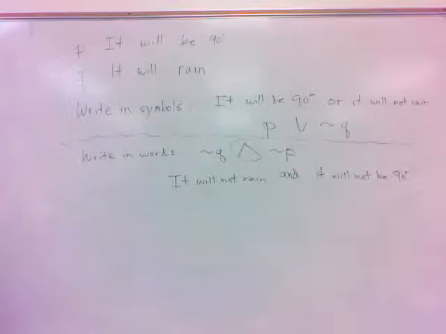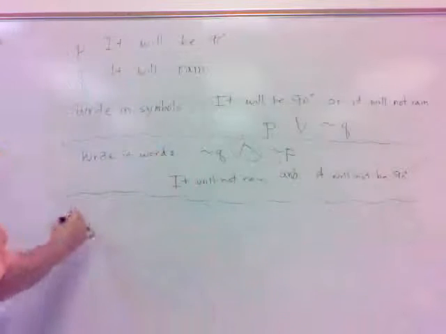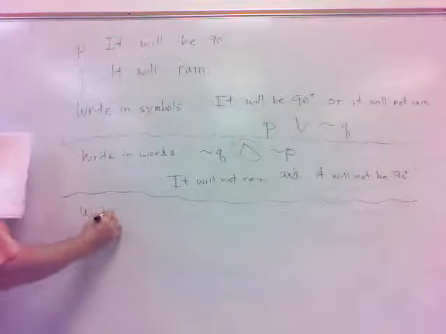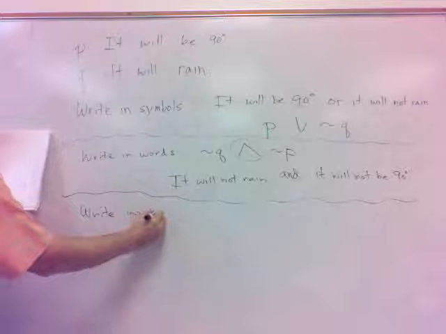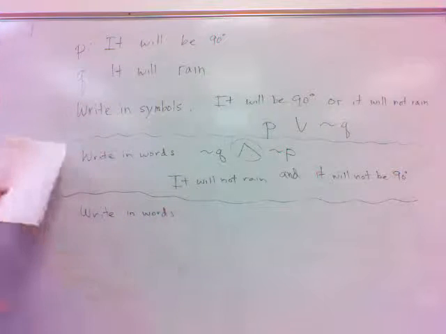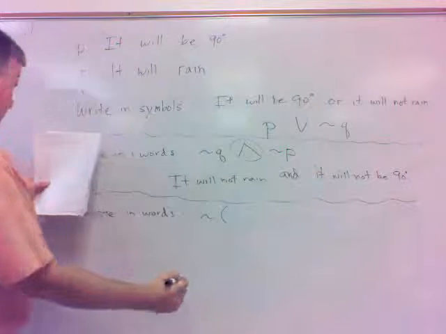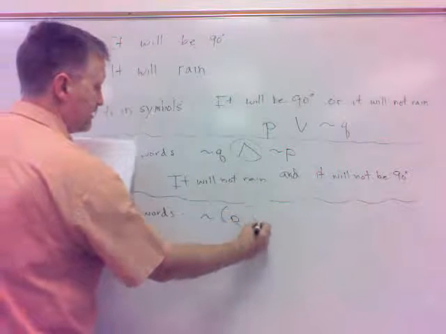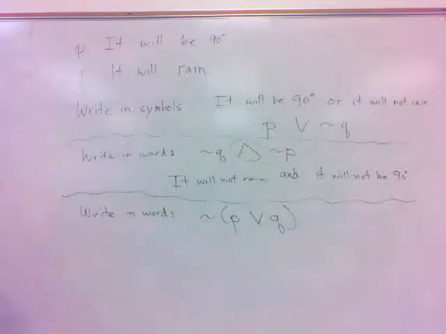All right, now, just a real quick little note here. If I write this one in words, for now, here's what we're going to do. Say it's squiggly, parentheses, P, then the V, and then the Q. Again, we run into the issue, you do the inside first.